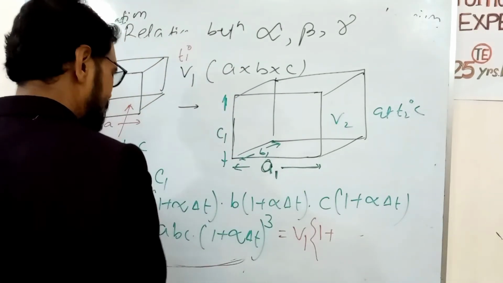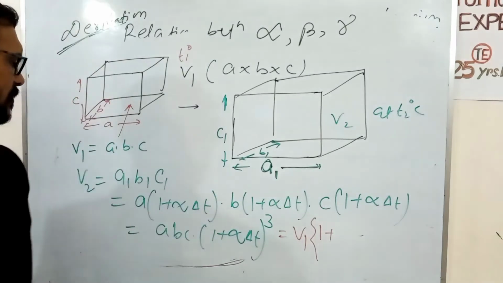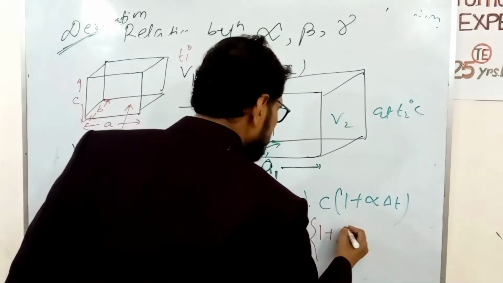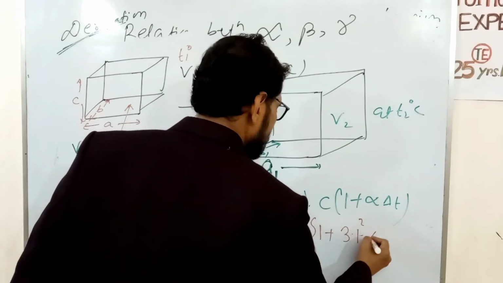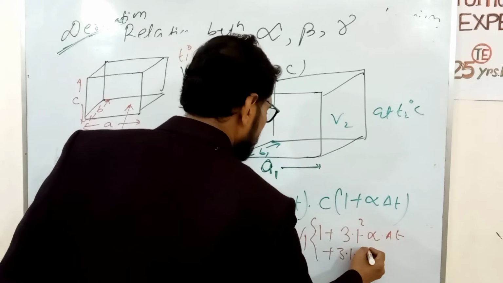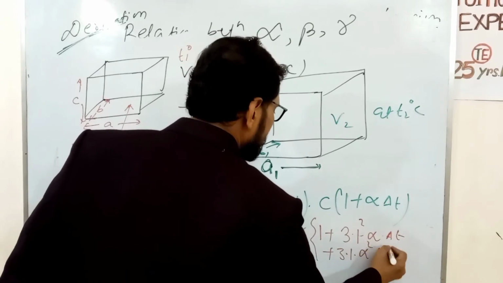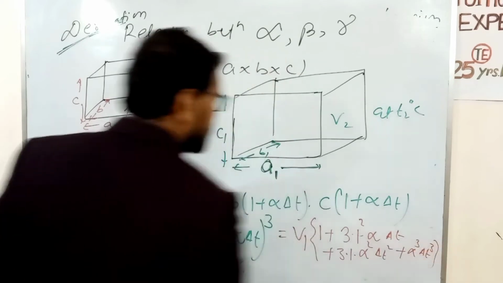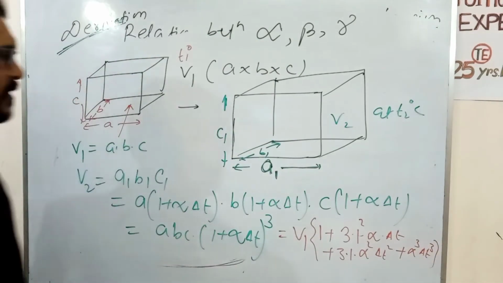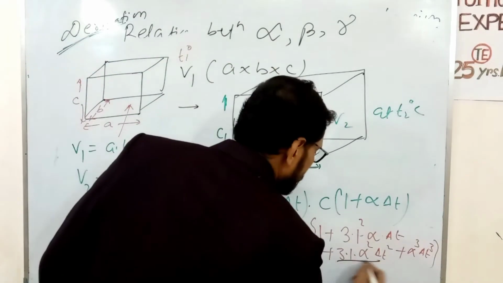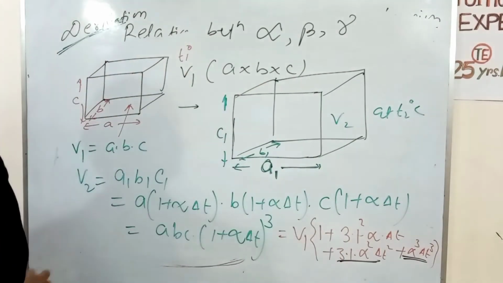So a cube plus 3a square b, and next term is 3ab square, 3 alpha square del T square, plus b cube alpha cube del T cube. Now as alpha is very small, the higher terms are negligible.